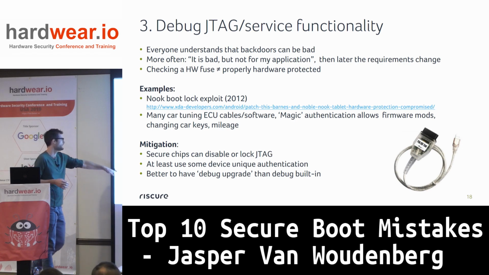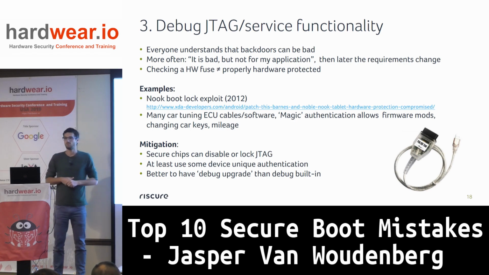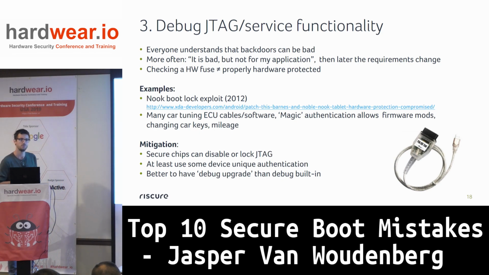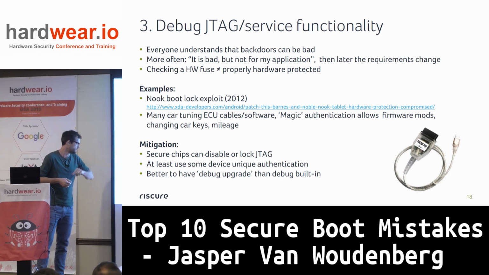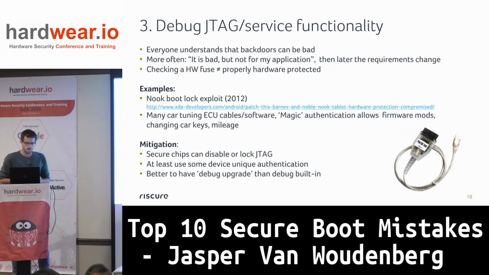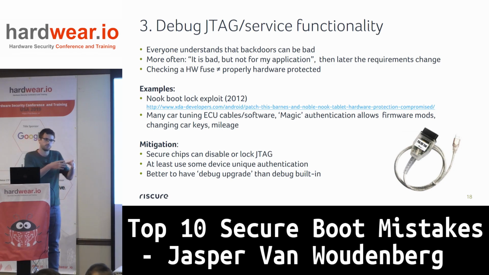A lot of the more secure chips you can actually disable or lock JTAG. Maybe not against the CRISPs, but you can do it against people who are not invasively attacking your chip. Although we sometimes bypass that with fault injection as well. So these lock bits are somewhere on the silicon of the chip.